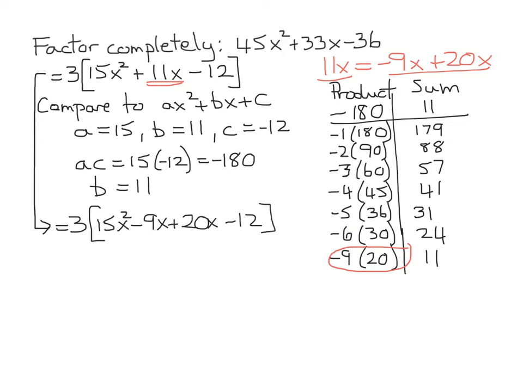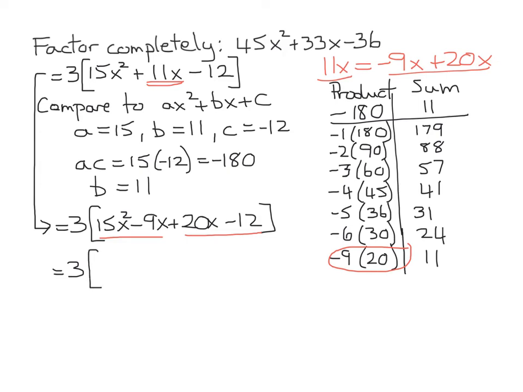So all I did was break that middle term down into two separate terms. And the reason I did that is now I have 4 terms. How am I going to factor that? By grouping. So remember, we look at the first 2, we look at the last 2, and that greatest common factor 3 just stays in front.